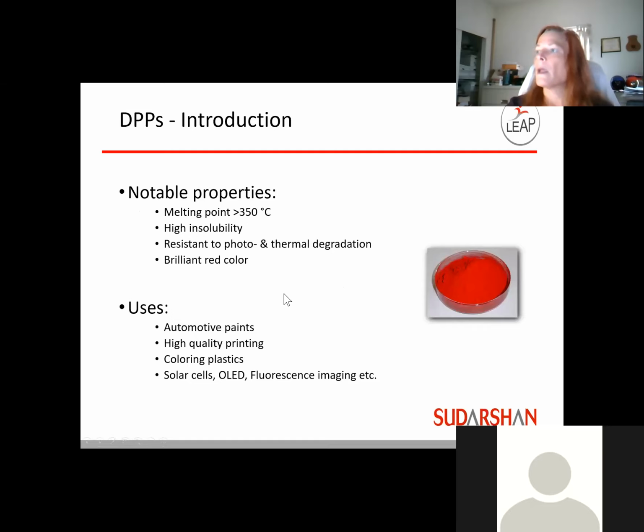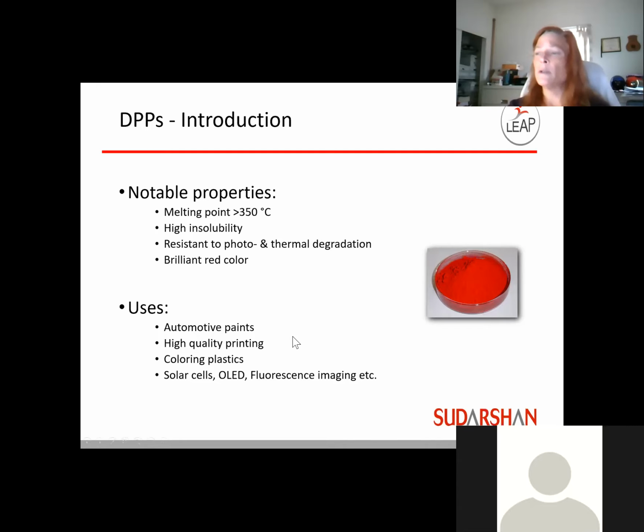As I stated before, some of the notable properties are the heat resistance, the insolubility, good resistance to photo and thermal degradation, and their high chroma values.